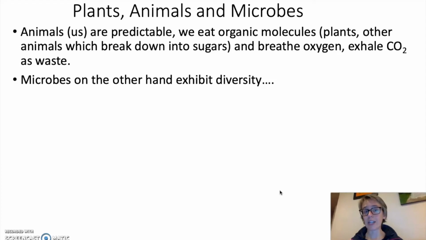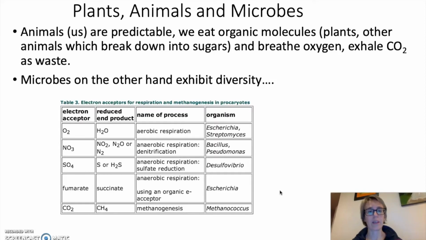Microorganisms, bacteria, on the other hand, exhibit a huge amount of diversity when it comes to their redox chemistry. This is a table of the electron acceptors that a number of different classes of microorganisms utilize. So some microorganisms use aerobic respiration like we do, where they are essentially breathing oxygen.